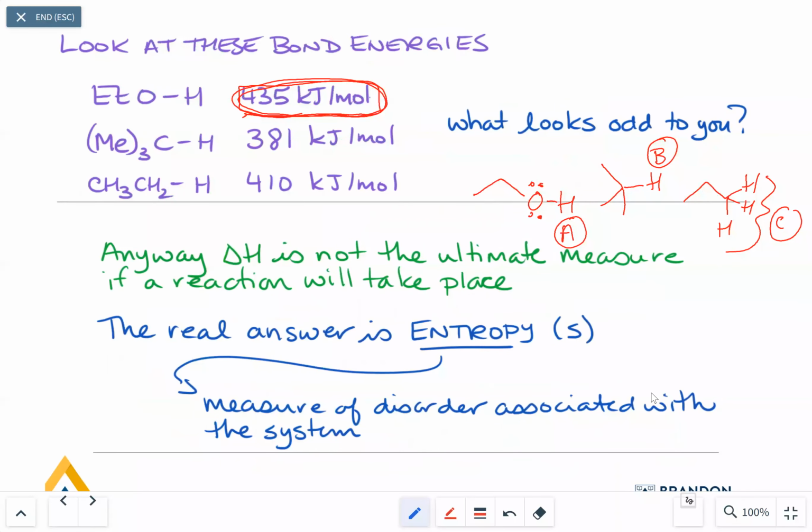But when we're breaking a bond here, how are we breaking it? Are we breaking it homolytically, or are we breaking it heterolytically?